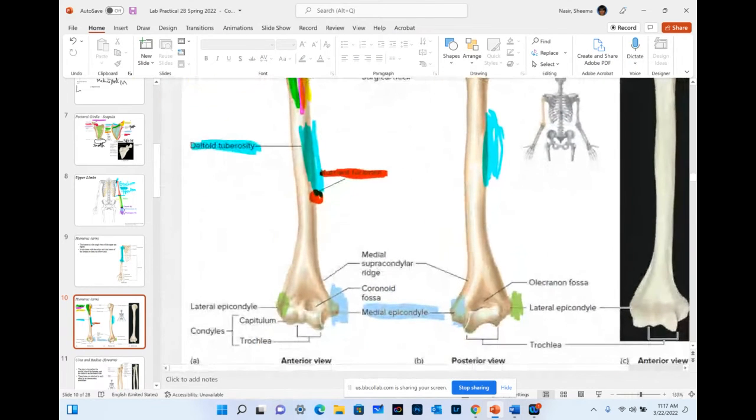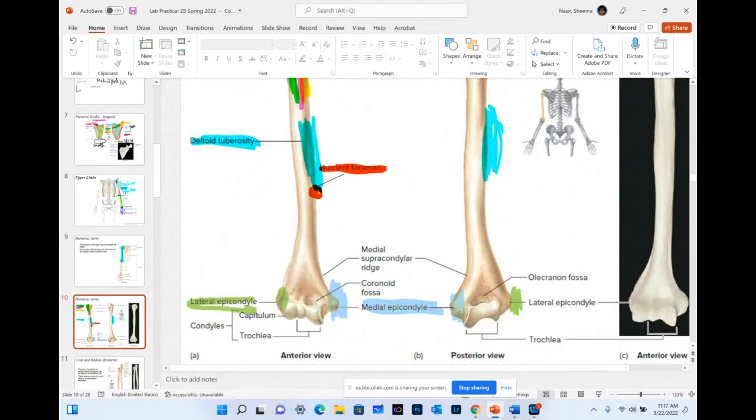Okay, so this is your lateral epicondyle. Notice lateral epicondyle does not stick out too far away. Do you notice that? It does not stick out that far away compared to the medial epicondyle.